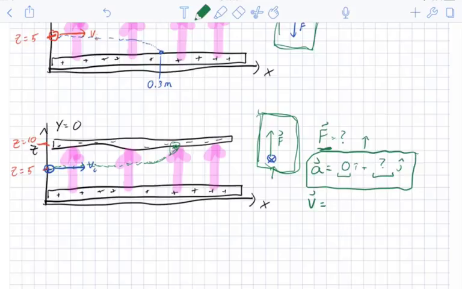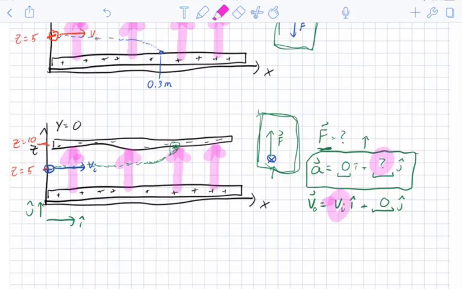Given this information, I know that it's going to have some initial velocity in the i hat direction, so to the right, and that its velocity is entirely to the right. So I need to figure out what this term is, and I need to figure out what this term is before I can answer the question, where does it hit the roof?